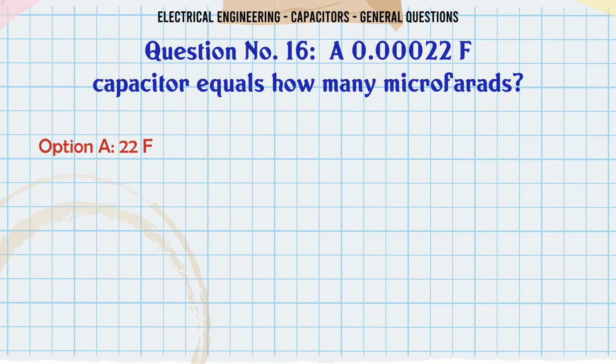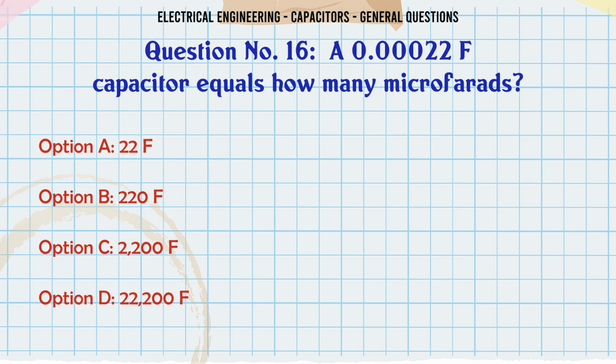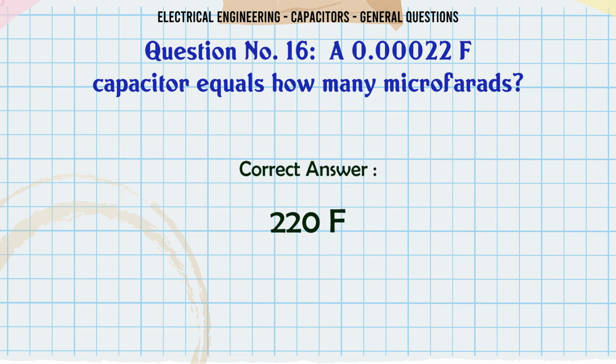A 0.00022 F capacitor equals how many microfarads? A 2 µF, B 220 µF, C 200 µF, D 2000 µF. The correct answer is 220 µF.